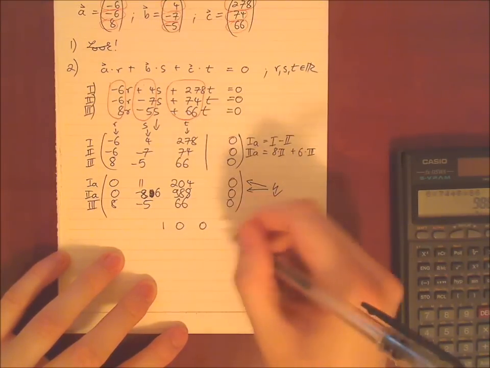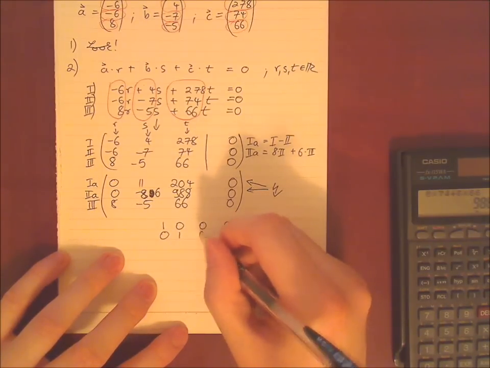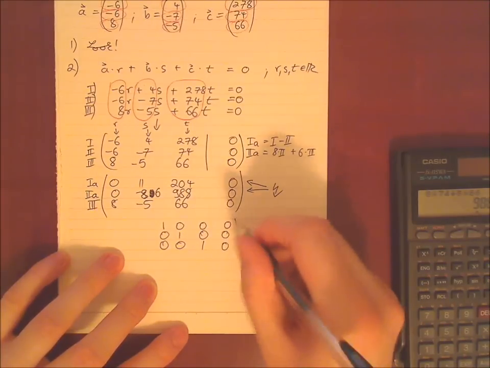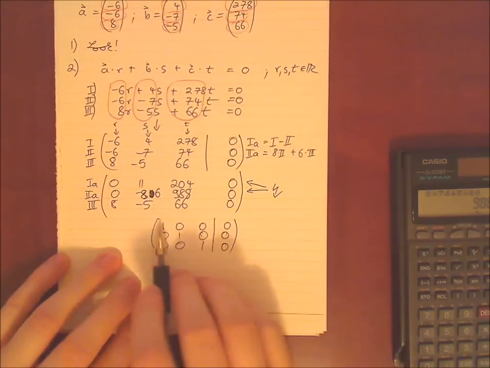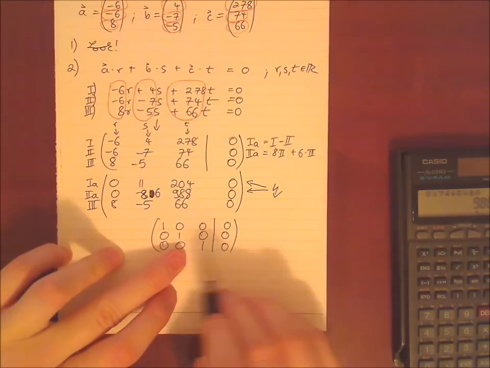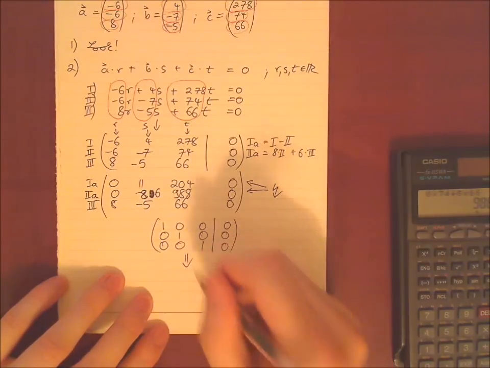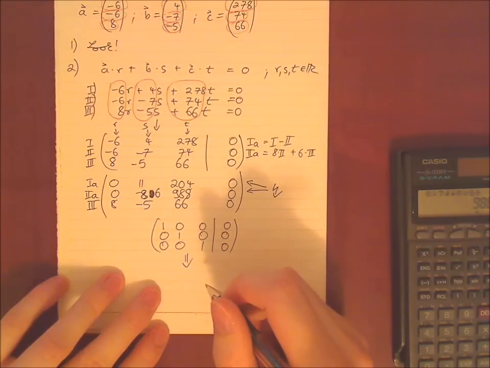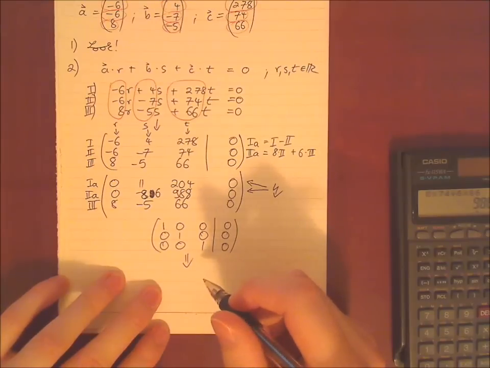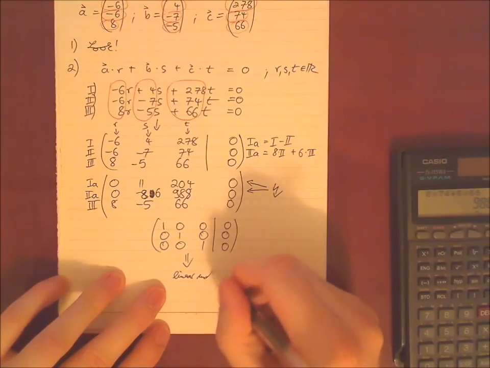But in any case, you will end up with this sort of matrix, if you calculate it correctly. And this tells us 1 R is 0, 1 S is 0, and 1 T is 0. So we see that the only solution is 0 for all three factors, and when we have this solution, then we can say, okay, we have linear independence.